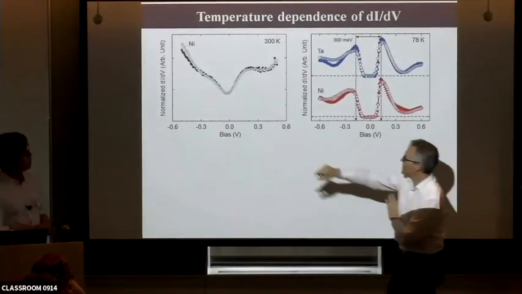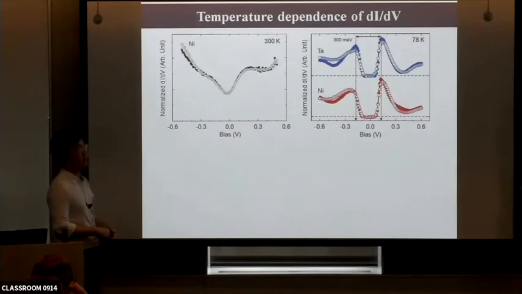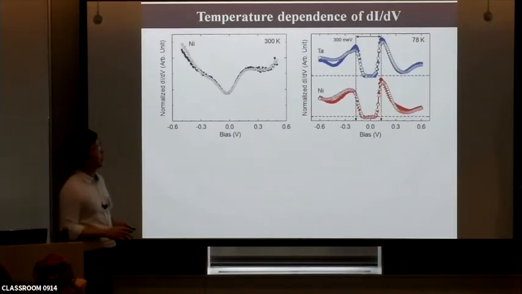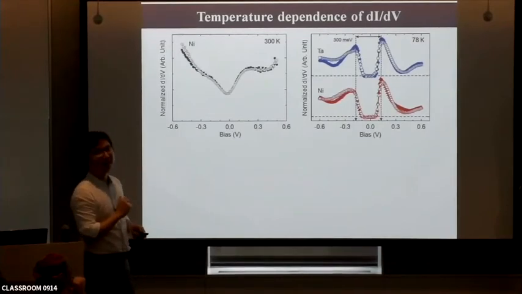I think what you're mentioning is that there is a finite value at zero bias, which is high and inconsistent with the optical data. Yeah, that's very big. That's what you are saying, no? And therefore, I want to see the data between 300 Kelvin and 78 Kelvin, if you have. But unfortunately, currently we have only two temperature data.